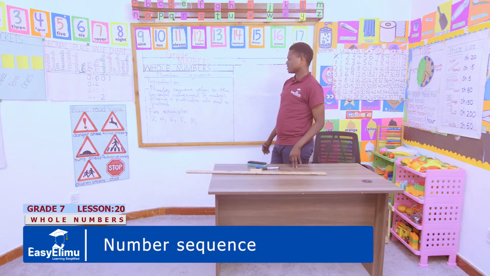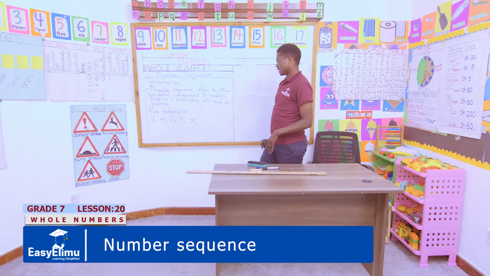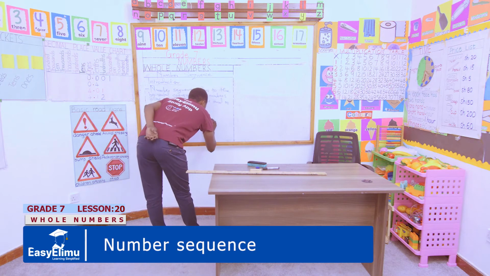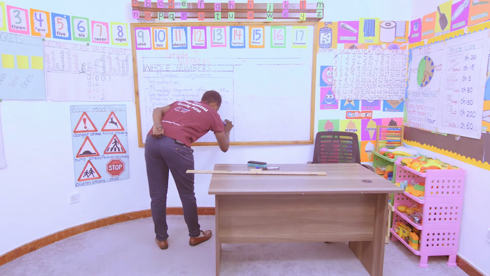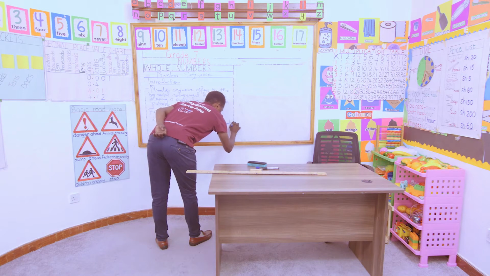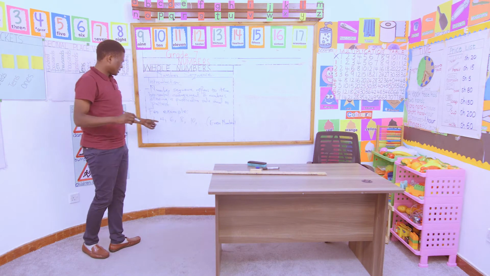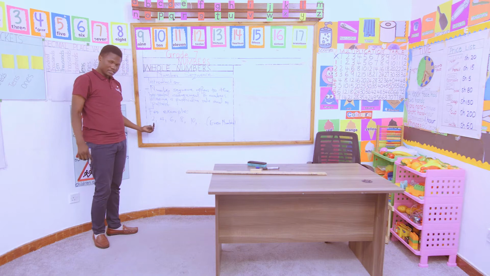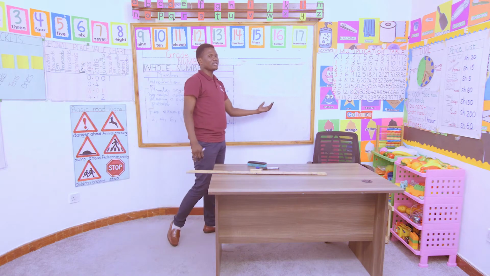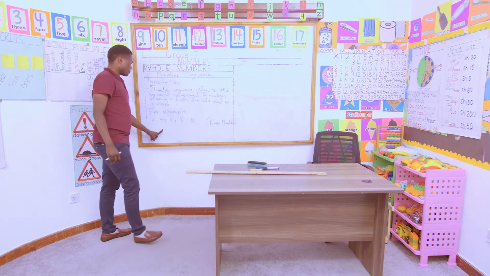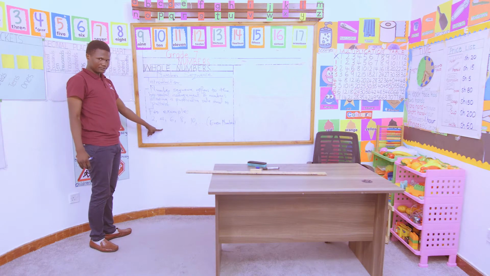Yes, Emily? Even numbers, correct. So here, the rule is even numbers. I am just picking the even numbers, starting with the least even number, going all the way, and this is actually infinite. This is an example of number sequence.